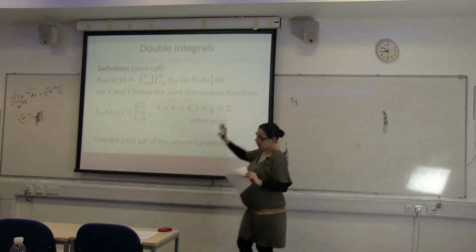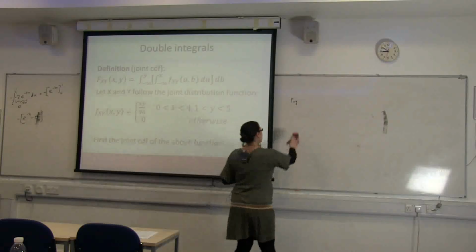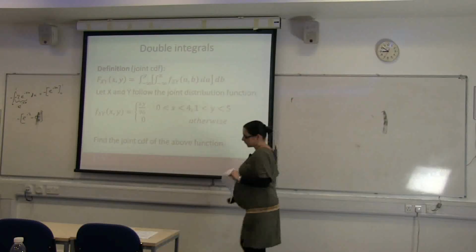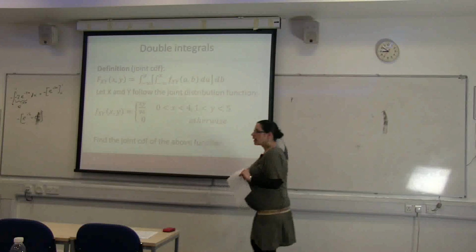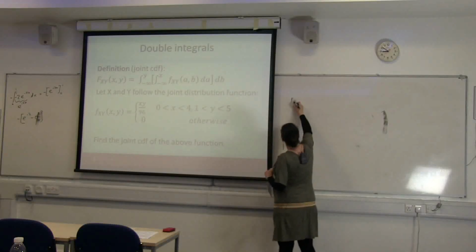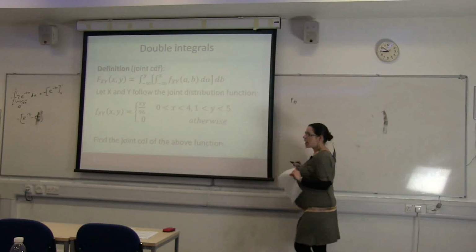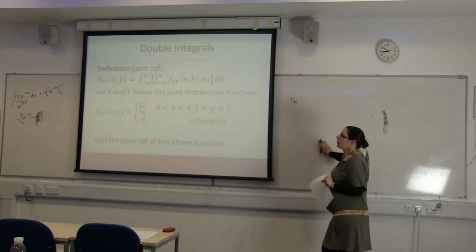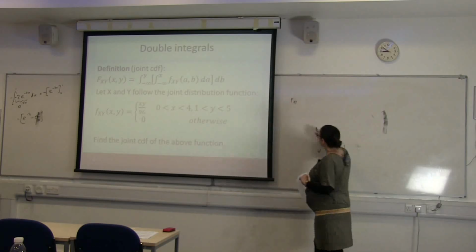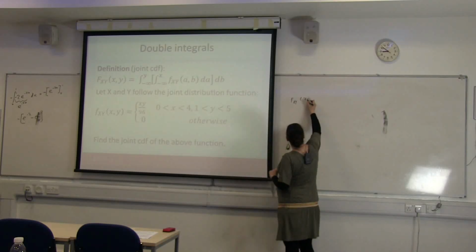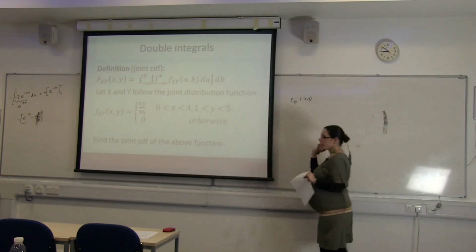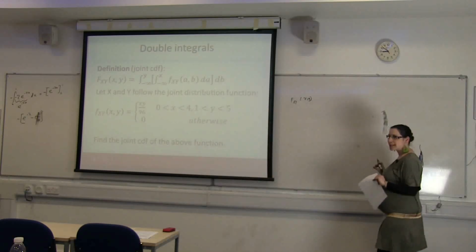Let me get my notation right, because the statistics notation is just... In the corner down here, you always put the capitals, because those are your random variables. And then in the bracket, you have the small x and y, because those are the specific values that those random variables can take.